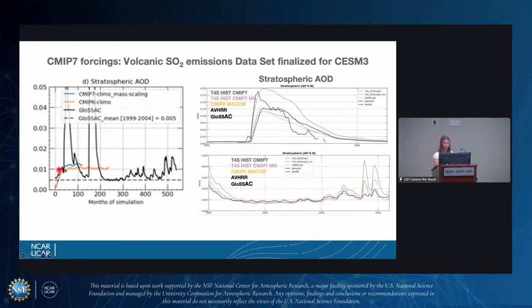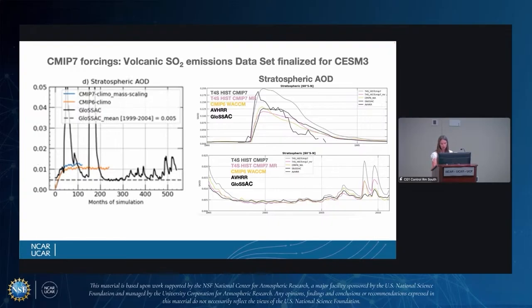We have tested our new data set in an 1850 model run, comparing to present day observations just to see what the forcing would be. The new forcing from CMIP7 is in blue, and the old is in orange. So there will not be much difference.